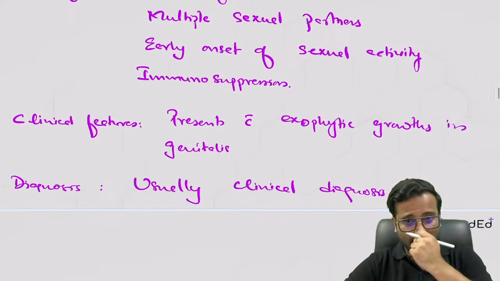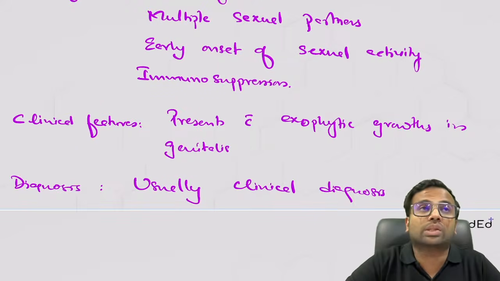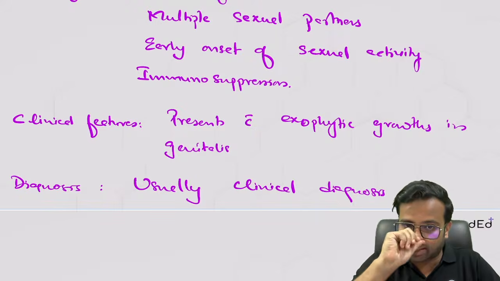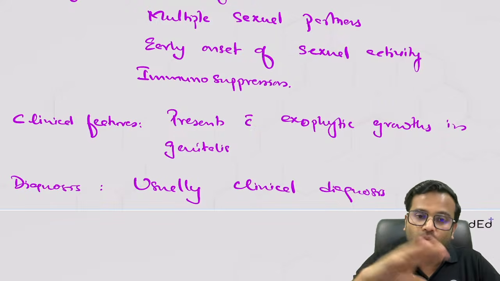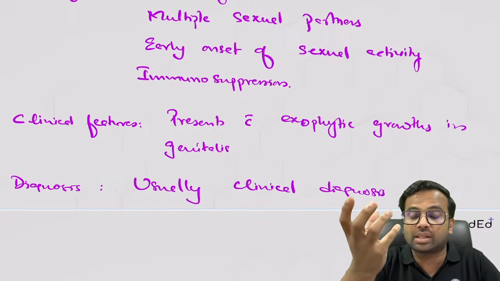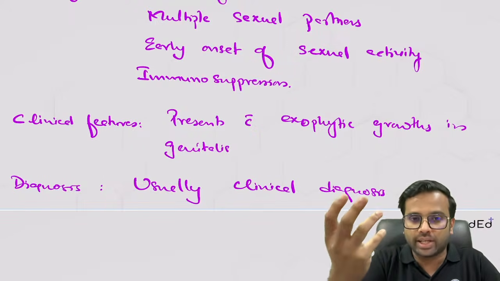It's usually a clinical diagnosis, but if there is some test which can be done, you can use a few drops of acetic acid over the skin, over the genital mucosa, and wherever you can see these warts, they may show a whitening or a change in color.